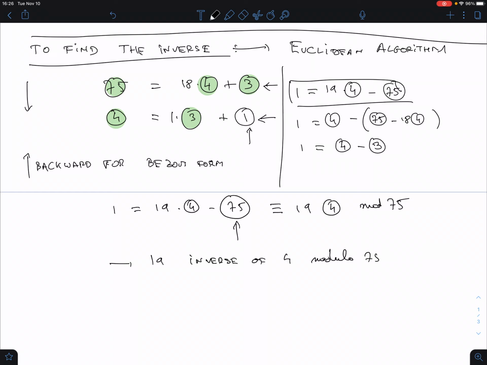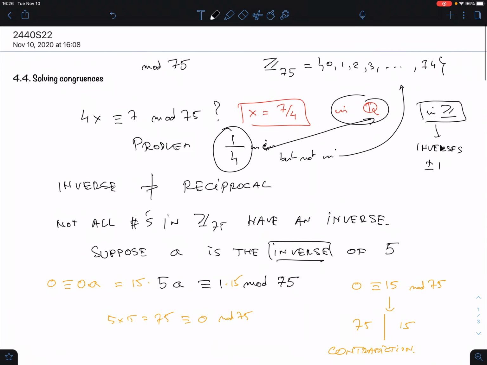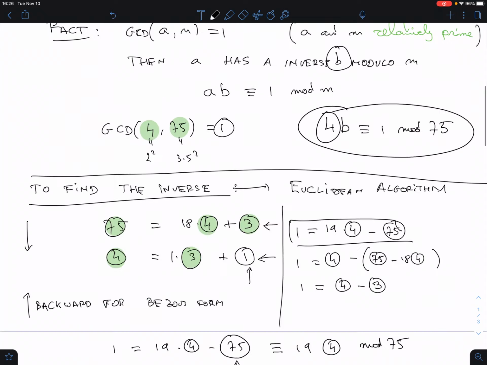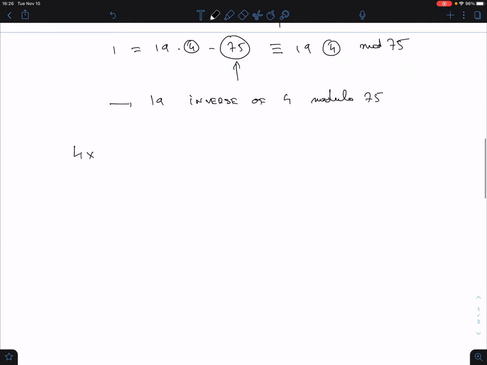Okay, so remember that that was not the actual question. The actual question was to solve this congruence, but we said, once we have an inverse for 4, we know what to do. We're going to multiply both sides with that inverse. So we have 4x. This is the equation that we're trying to solve, right? So what we now do is we take this inverse and multiply both sides with that inverse.